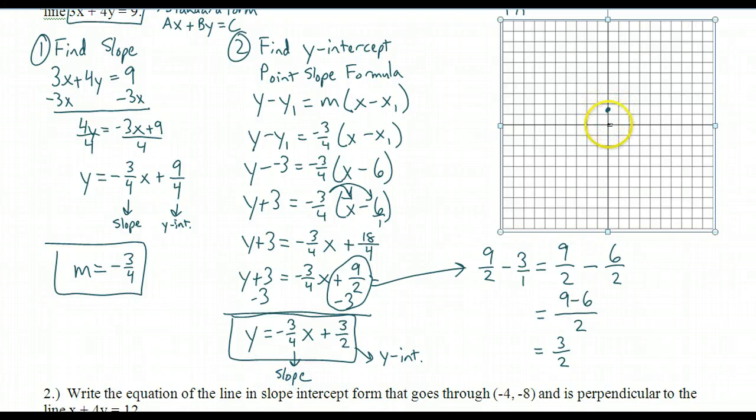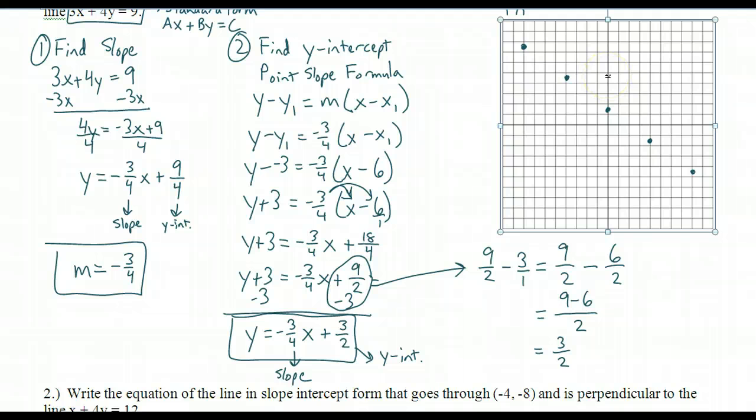So I'm going to go down 3 and to the right 4. Down 3 to the right 4. I can also go up 3 and to the left 4. Up 3, which is positive, and to the left 4, which is negative. So to get a negative slope, I can go down and to the right, or up and to the left.